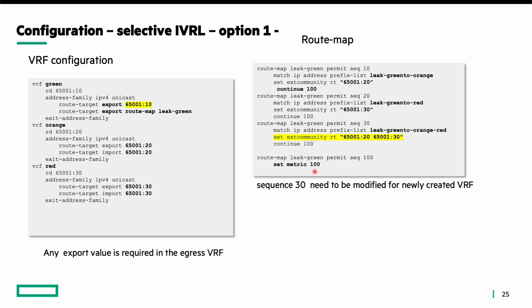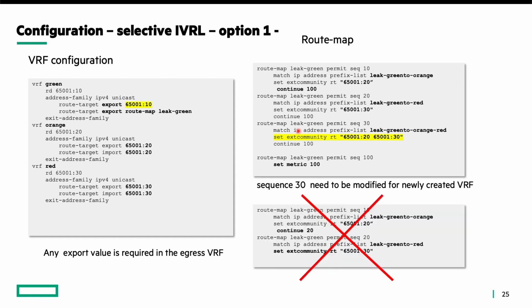The limitation of this solution is that each time you add a new VRF, you have to modify this sequence 30, and this is something I don't like so much, modifying a route map sequence, because if you make any mistake, it can break everything.